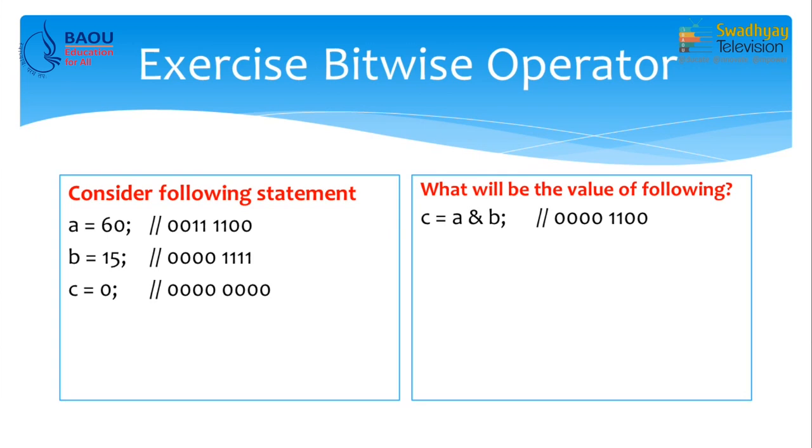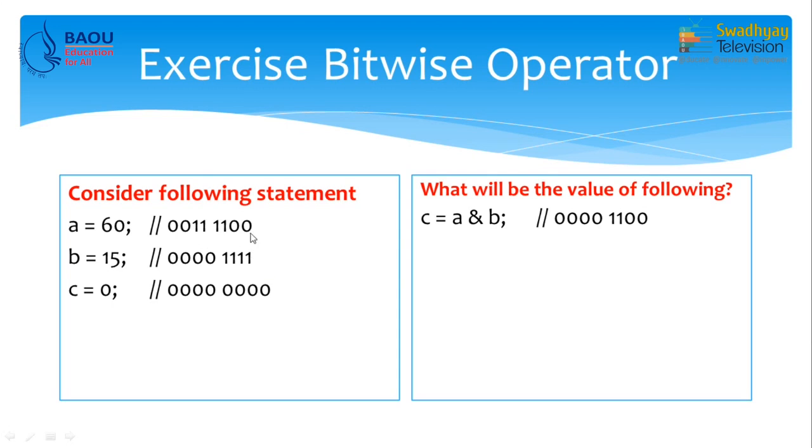So, we first perform the AND operation. Here we have already discussed the truth table of AND. We start from the leftmost digit.